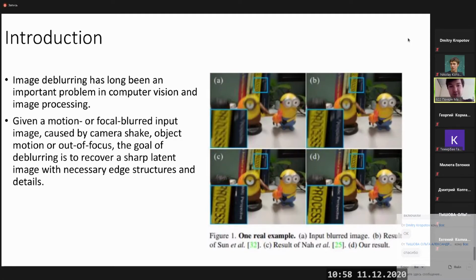So here deep learning methods help, and nowadays there are a lot of articles about such models of deblurring, for example, and I would like to discuss one of them, which is called Scale Recurrent Network for Deblurring.